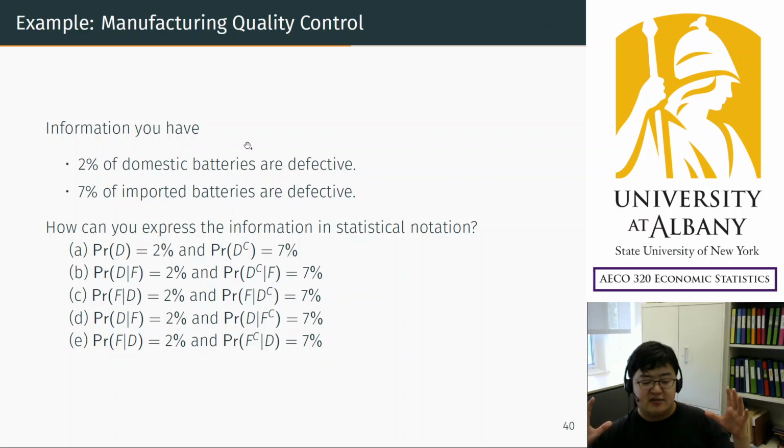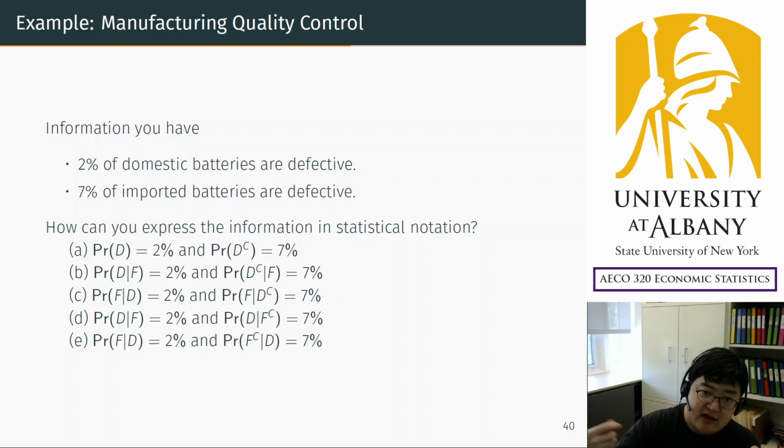So you are choosing 100 batteries from domestic suppliers. That's the condition you already imposed. You know that those 100 batteries are from domestic suppliers, and then if you inspect them, 2 of them are defective. So the condition is D, and the main event is F.